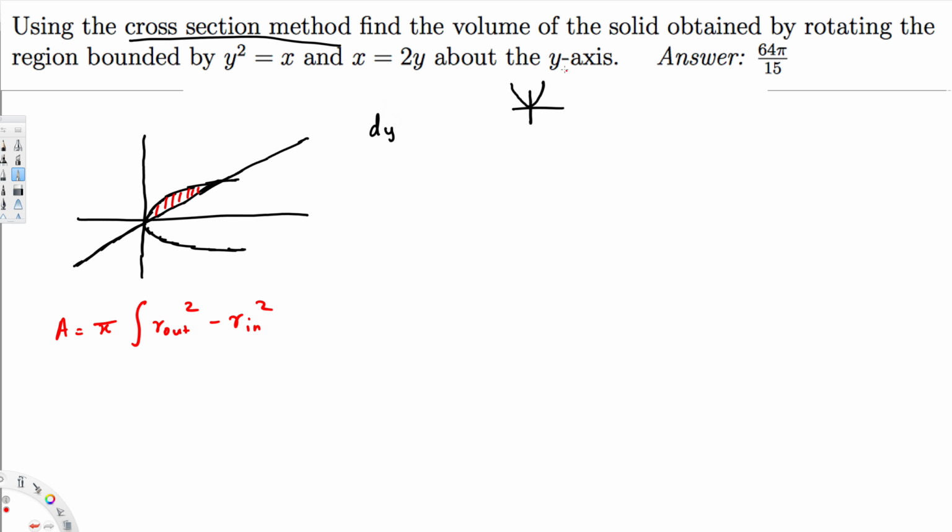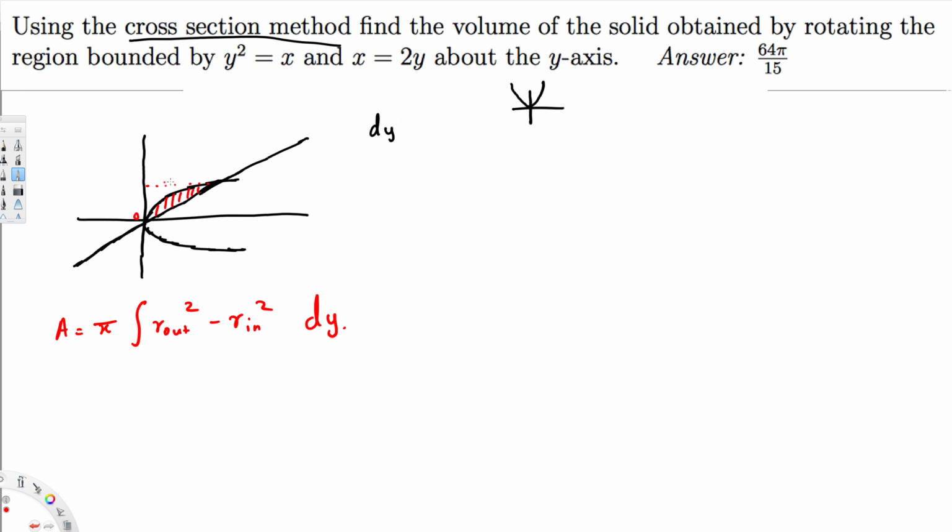Since this is rotating about the y-axis, we have to keep everything in terms of y, right? So we have to get the limits of integration in the y-axis. We know that this is starting from 0. We can find it from the equation. If you see that we don't have any plus or minus sign, we don't have any shift right here.